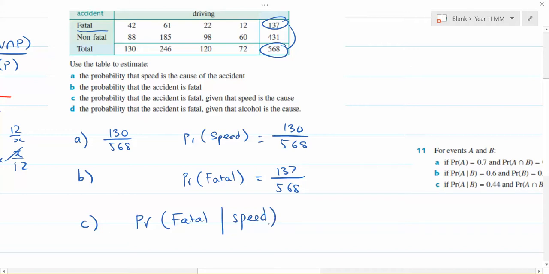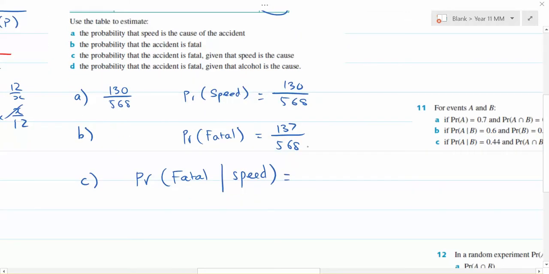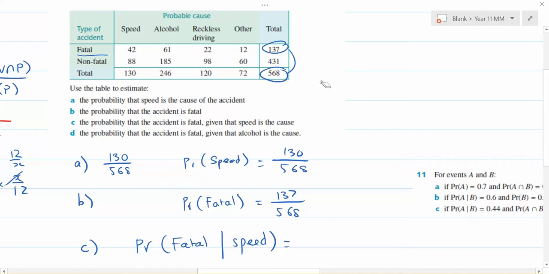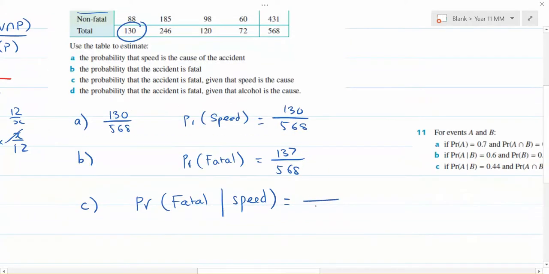So what you're really looking for right now is, it's not out of 568 people anymore, because not all people is in an accident because of speed. How many people are actually in an accident because of speed? There's only 130 of them. So it's not out of 568, it's out of 130 people who speed, because you already know they speed.